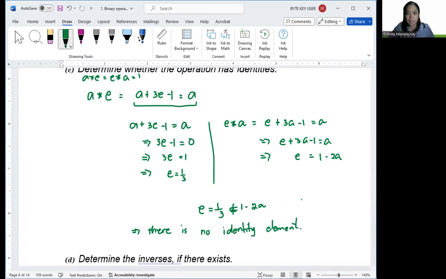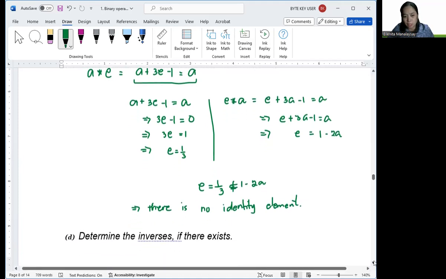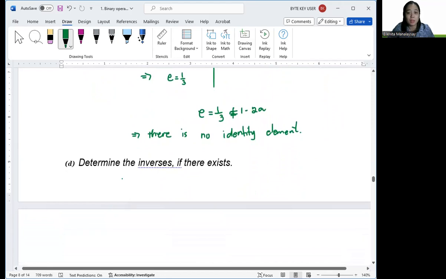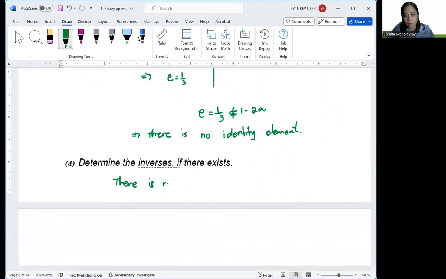Which is actually not bad, because it's not always the case that there is an identity element. And definitely, there is no inverse. If we cannot identify an identity element, then definitely we cannot identify an inverse.